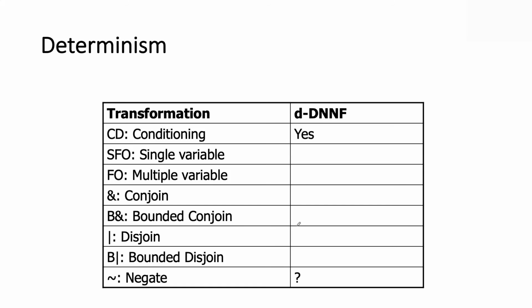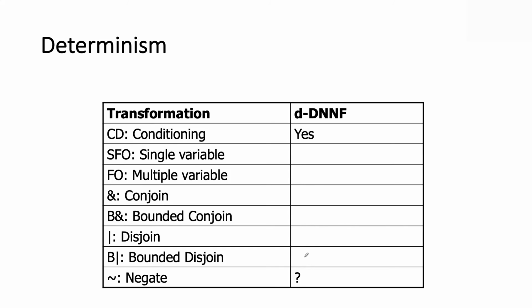Conditioning still preserves determinism. We talked about it preserving decomposability, but it actually also preserves determinism. We didn't argue for that. And that's it. We lost the ability to existentially quantify variables. We can't do these. Negation is still open. And that's the story with these deterministic and decomposable negation normal form circuits.